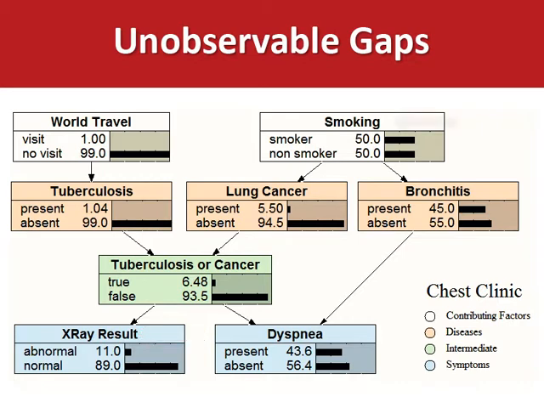On the other side, smoking can influence the probability of both lung cancer and bronchitis, but world travel influences the probability of getting tuberculosis. Now you might ask, why is tuberculosis of interest here? Well, tuberculosis is an alternative cause for an abnormal X-ray or shortness of breath.